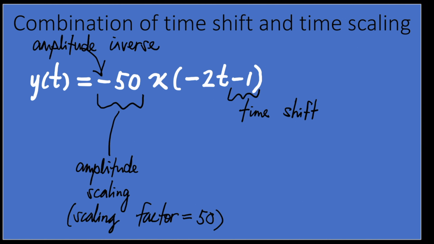A time shift operation. It looks like in this case the t0 value seems to be equal to 1, but is that true? Is that correct?